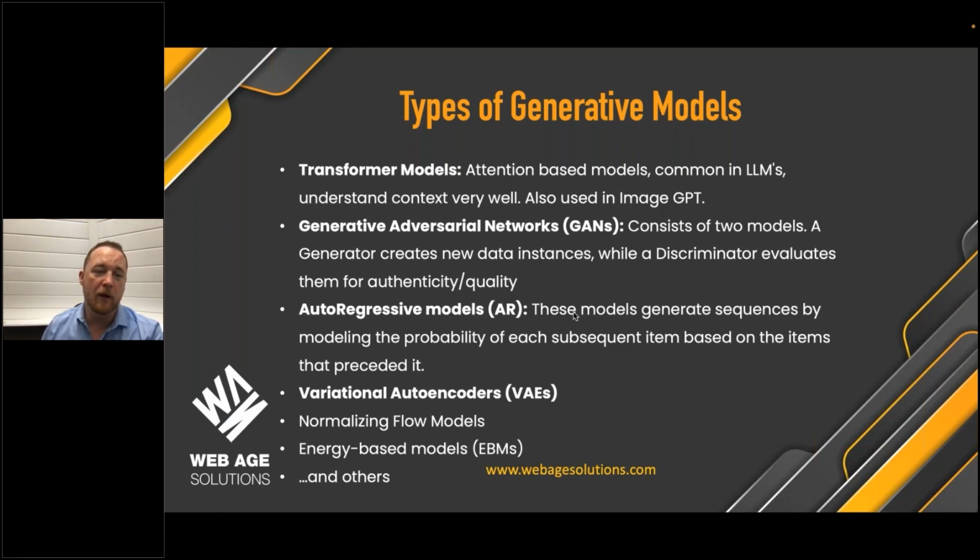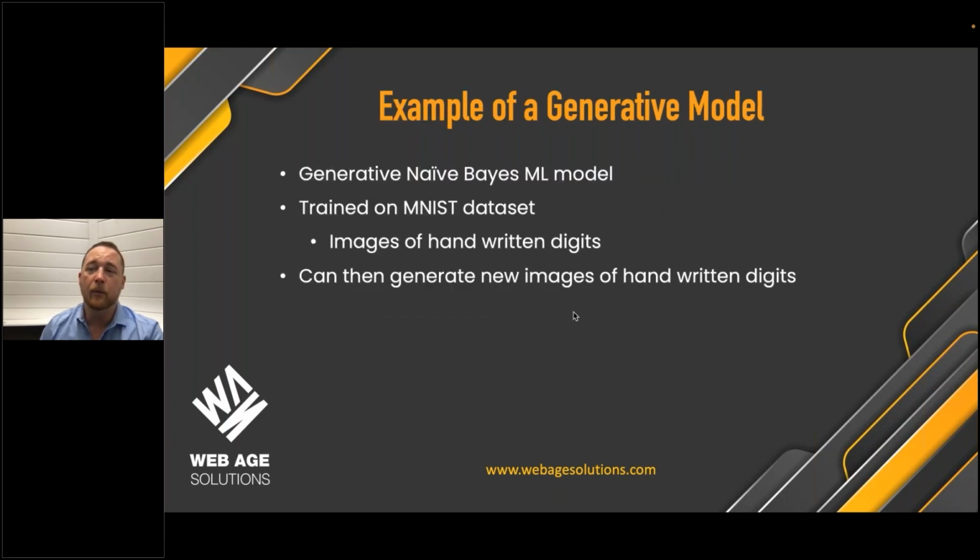There's also variational autoencoders, normalizing flow models, energy-based models, and a few other ones. But the ones that we'll see in LLMs will be transformers, and in the later GPT families, also autoregressors. But that's getting ahead of ourselves. A generative model is just a model that generates some new output.